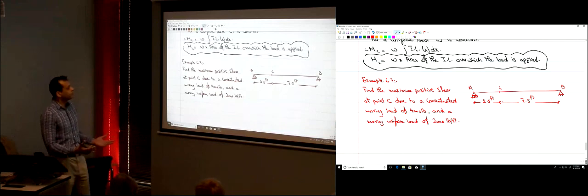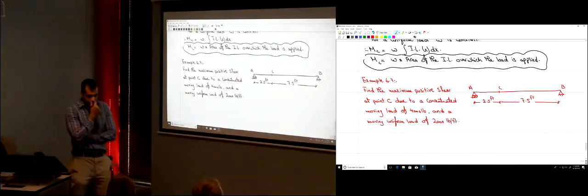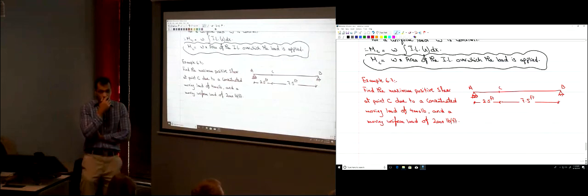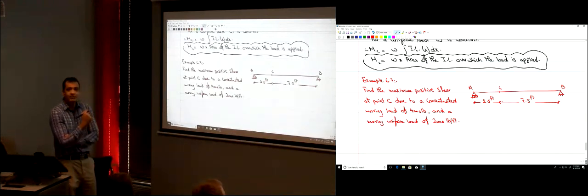In the problem, when I drew the beam, I didn't draw any loads on it. What are the loads that we have? We have a concentrated force of 4,000 pounds. But where is it applied? It's not given in the problem. It's your task to know where this 4,000 pounds is applied to maximize the positive shear.